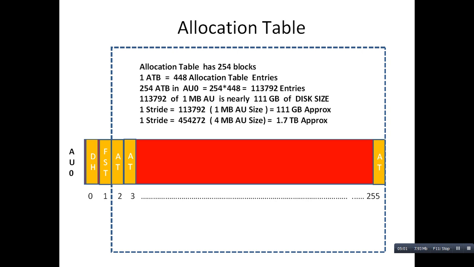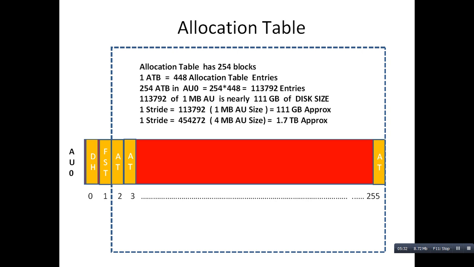For example, if we have an allocation unit size of 1 MB, then the stride size equals 113,792. But what if we have an allocation unit of 4 MB size? In that case, we will have more allocation table blocks, and the stride size would be equal to 454,272 entries.